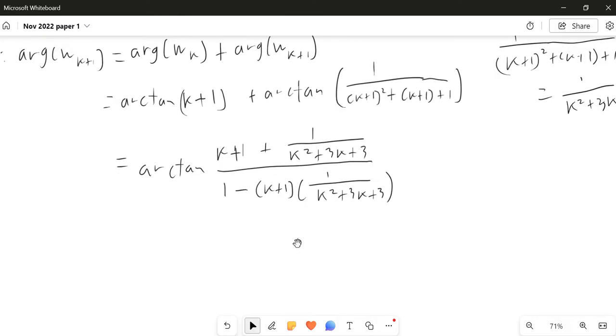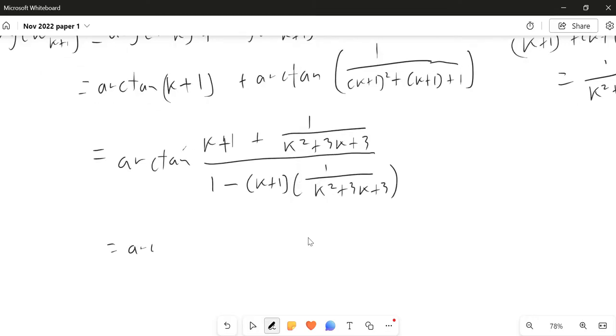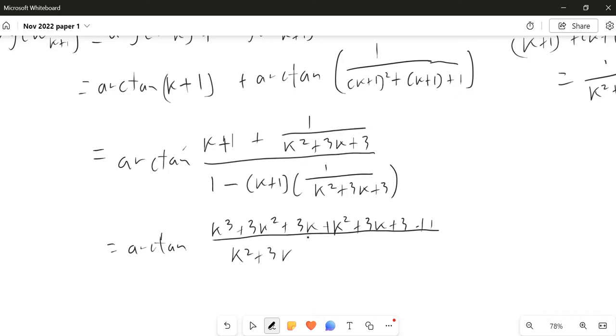And then just need to start simplifying everything. And make sure you don't forget this arctan, because you might lose marks if you forget it. So arctan, and then k plus 1 times all this, so k cubed plus 3k squared plus 3k. I'm just multiplying this by this first, by the way. Plus k squared plus 3k plus 3, and then plus 1 because of this, all over k squared plus 3k plus 3.